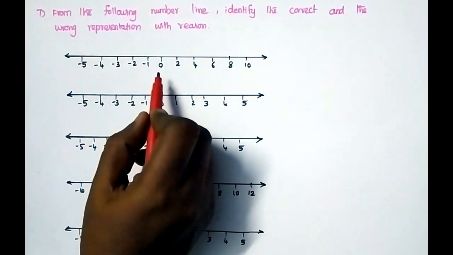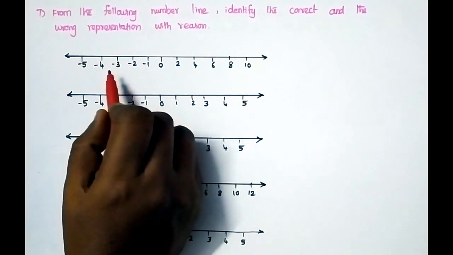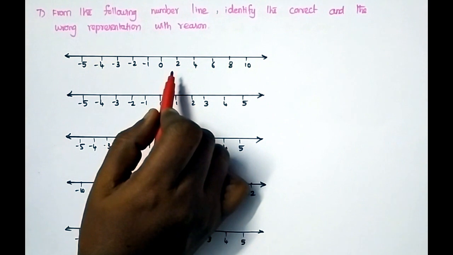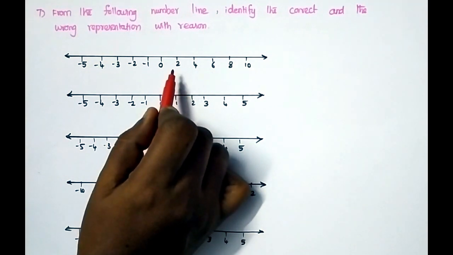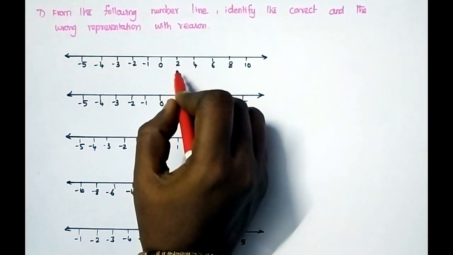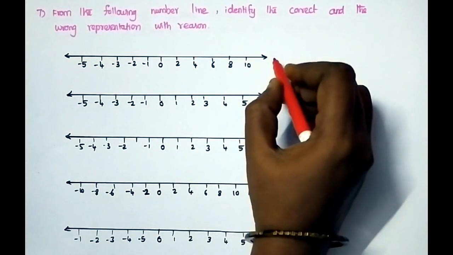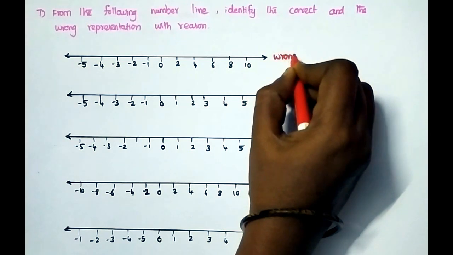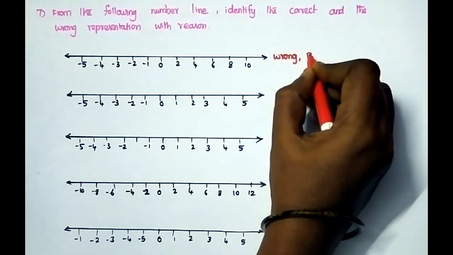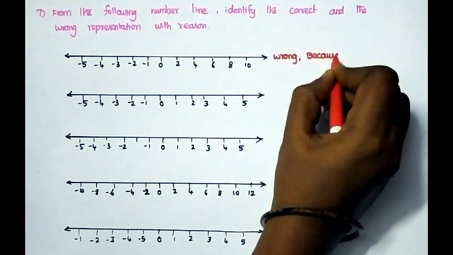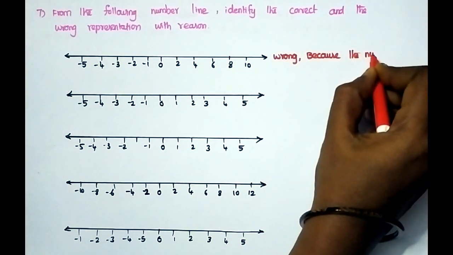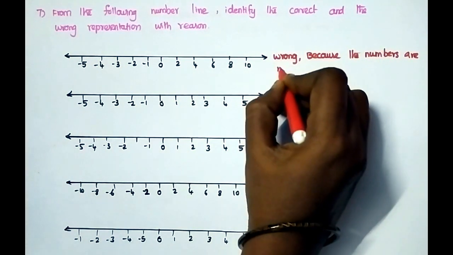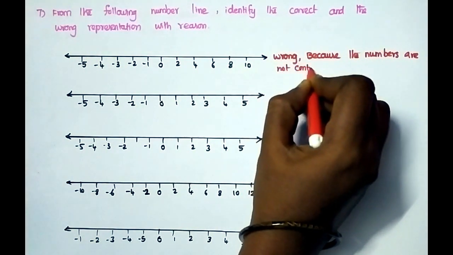Listen, first one 0, here negative numbers and here positive numbers in multiples of 2. That is wrong, because the numbers are not continuously.